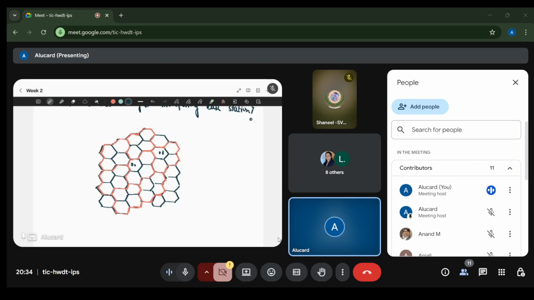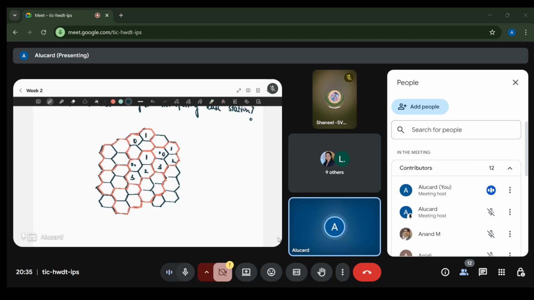So if you label this as 0, 1, 2, 3, then here also 0, 1, 2, 3.